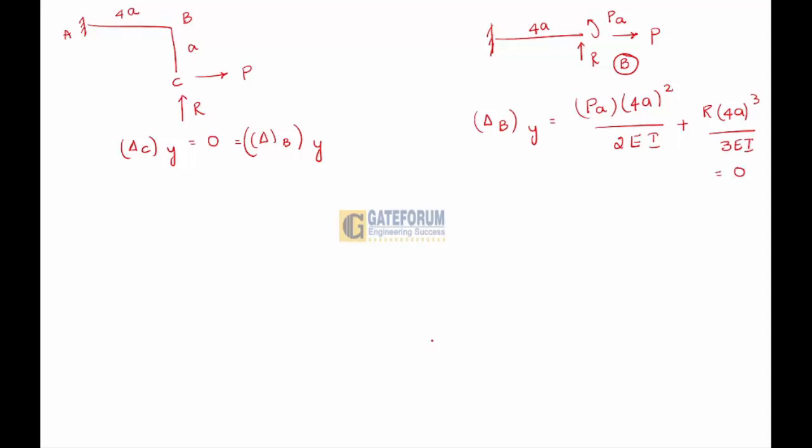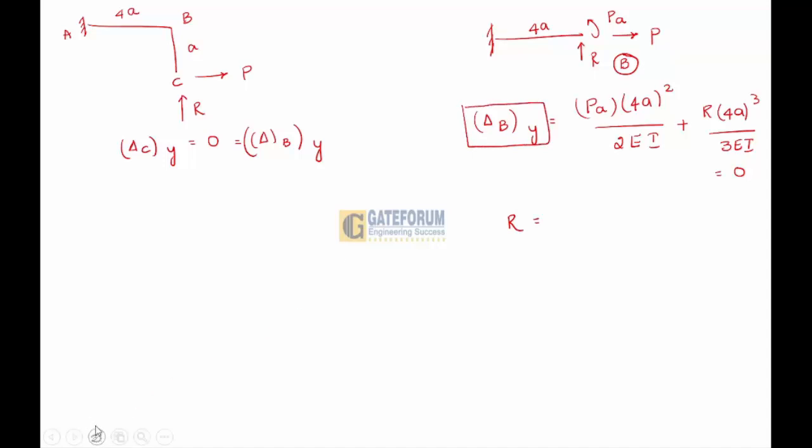I am considering it is a cantilever beam. The reaction due to some force P at a distance A, and reaction R with a distance of 4A. So from here find the value of R, because delta B in y direction becomes 0, right?